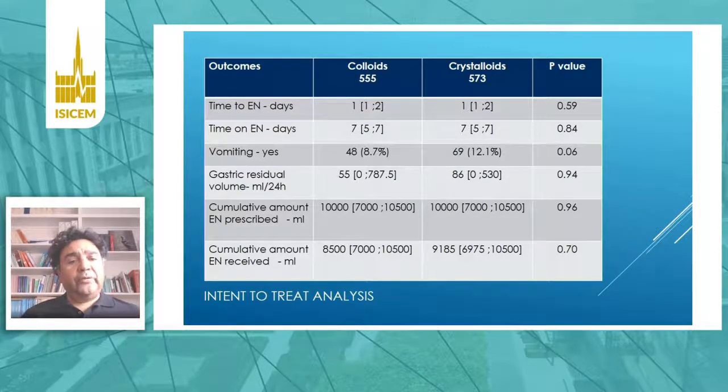There was also no evidence for differences in the duration of enteral nutrition, as an indirect indicator of enteral nutrition tolerance, between the two treatment arms. There were also some not statistically significant differences in the proportion of patients with vomiting, which might have been higher in the crystalloid arm as compared to the colloid arm, without impacting the cumulative amount of enteral nutrition that was prescribed or actually received by patients.